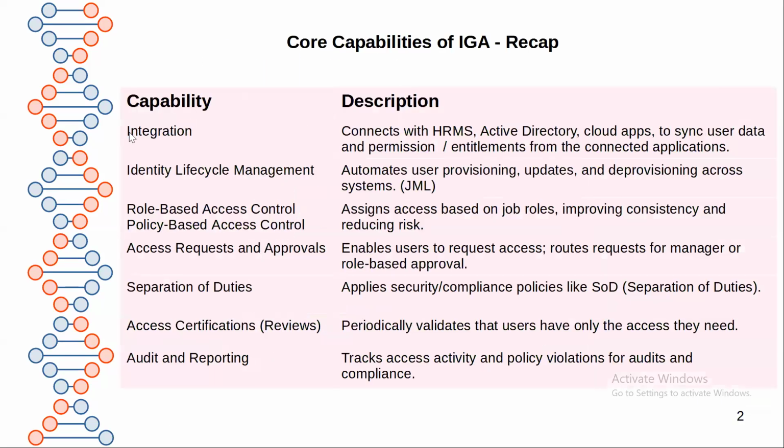And that is where I said, on the screen, integration is very much important. This integration requires connection with HRMS, Active Directory, or cloud apps to sync the user data and the permission entitlements from the connected applications. So how would IGA know who your manager is? We need to sync the user's data.